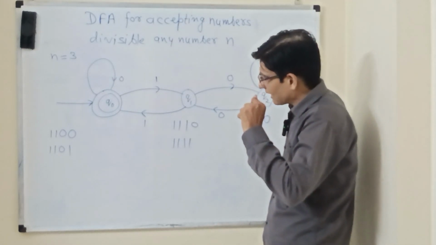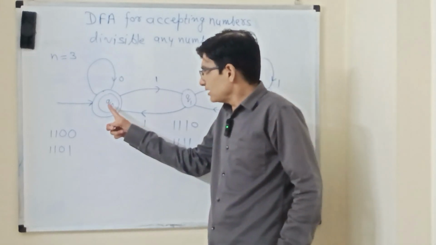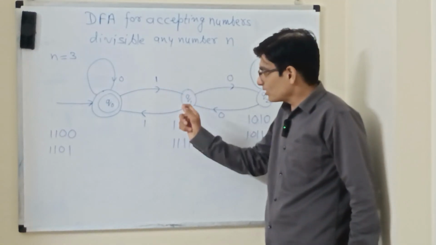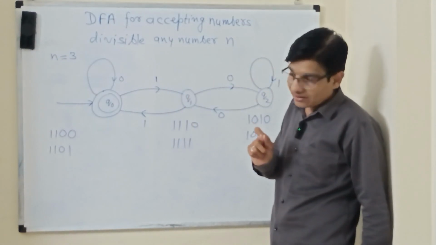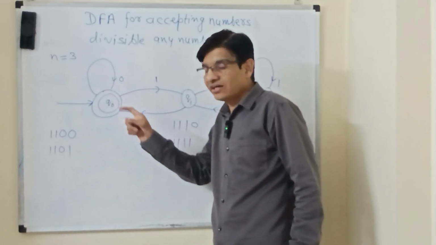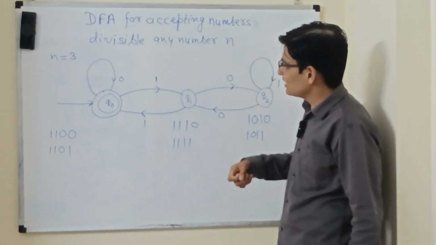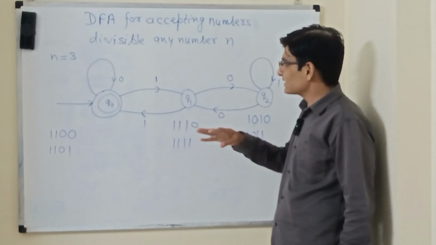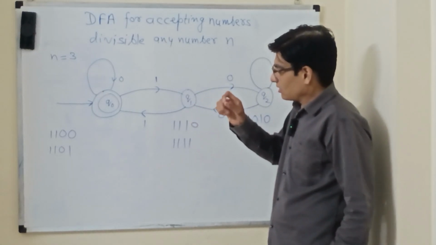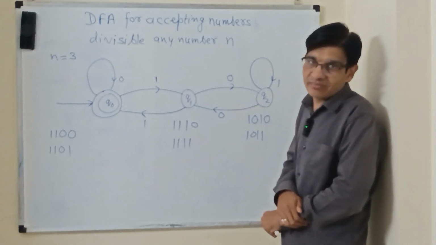Now I will tell you one more generalized logic. Here we are creating a DFA for numbers divisible by 3, so we are making the zero remainder state the final state. Suppose we need to create a DFA for accepting all binary numbers giving remainder 1 on dividing by 3.